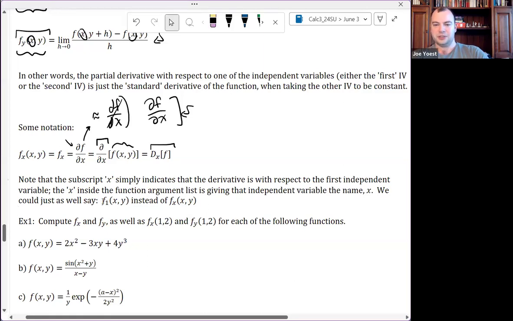We could just as well say f sub 1 of (x, y) to indicate that we're differentiating with respect to the first argument instead of f_x of (x, y).